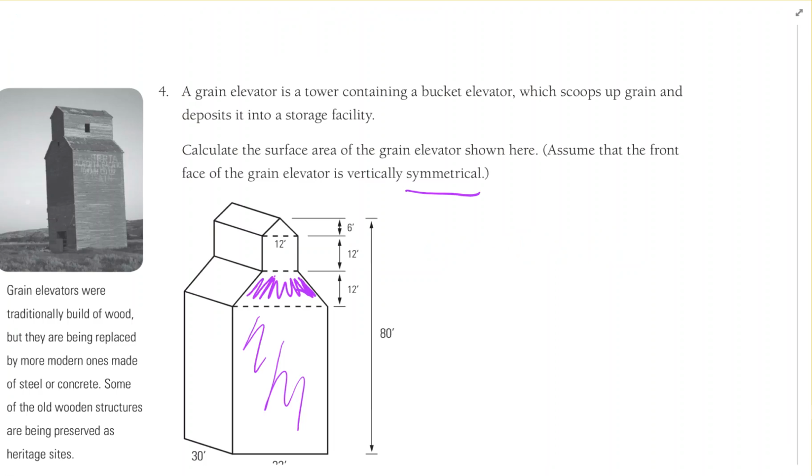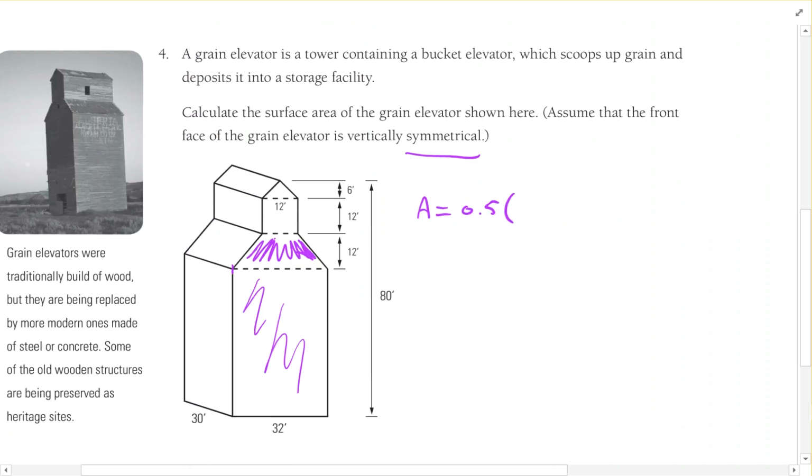In this case, I can see that my A value, well, let's just do it. The area of that one is going to be equal to 0.5, and then A plus B. That's going to be 32, because this is 32. It's the same as the one on the bottom, so that's my bottom.